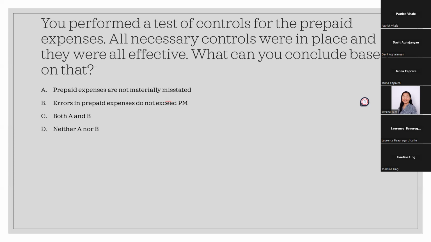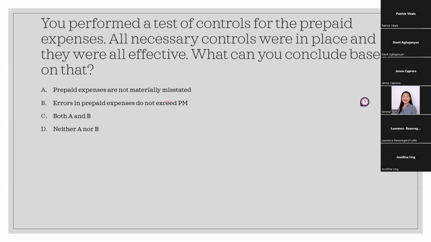D. Okay, David says D. Hasana says D. What do you guys think, it's D? Well, I was gonna say it's the type of account, a prepaid expense. So even if the controls are good, there might be last minute adjustments by management or some expense, the nature of the account basically.